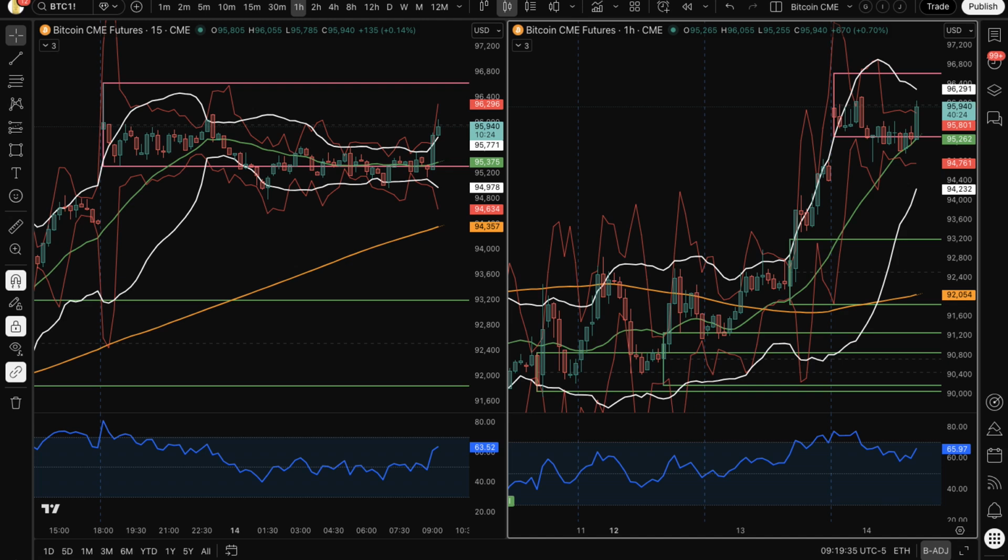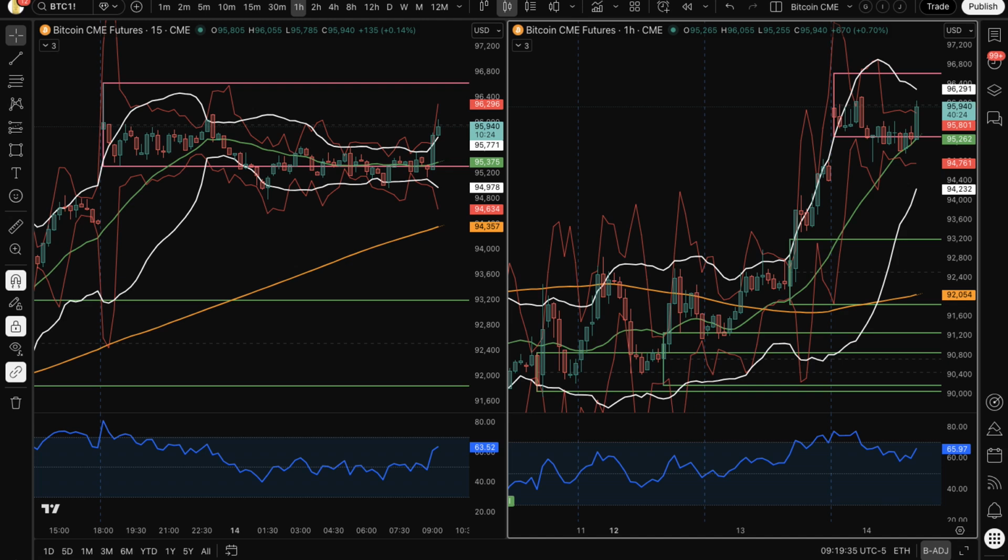On the 1-hour time frame, we are currently seeing price push through the short-term Bollinger Band. This is the first condition. The second condition, which has not yet been confirmed, is whether price can also expand through the longer-term Bollinger Band on the 1-hour chart. In other words, the question is not whether price moved up, but whether this move transitions from short-term volatility into higher time frame expansion.